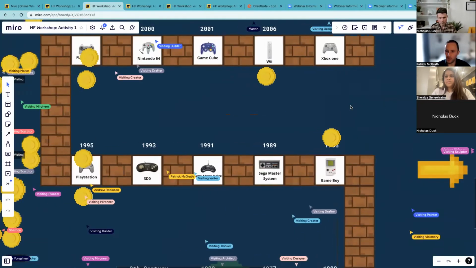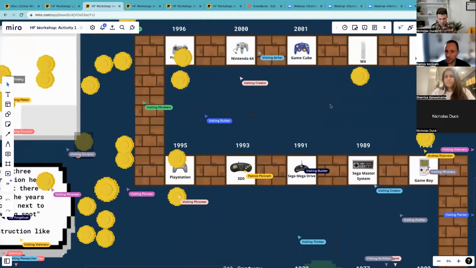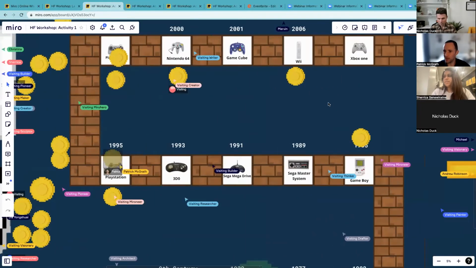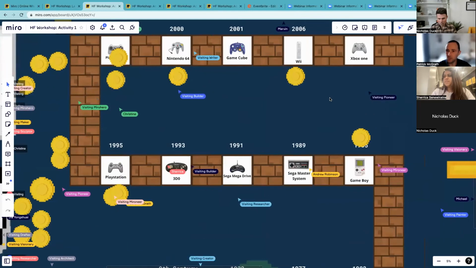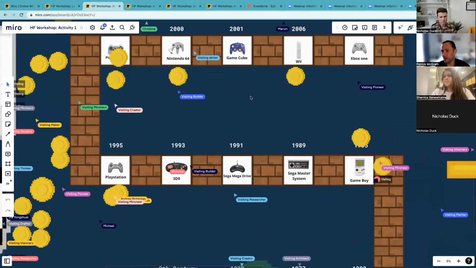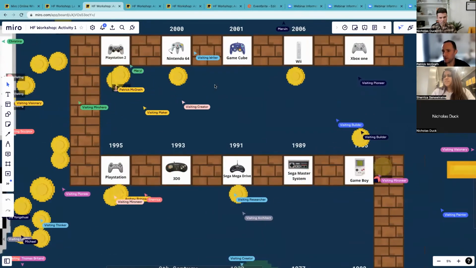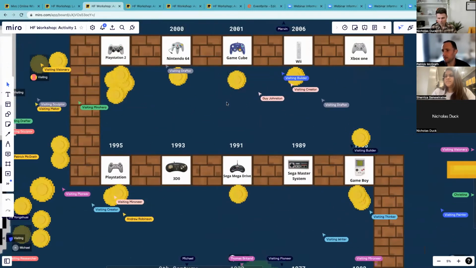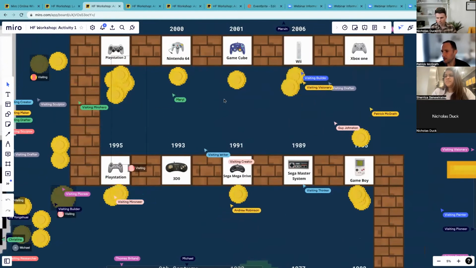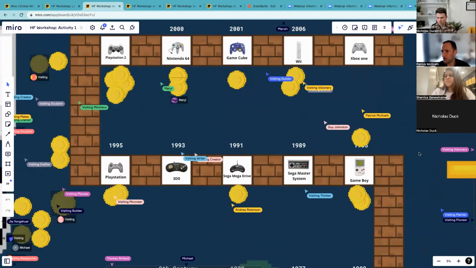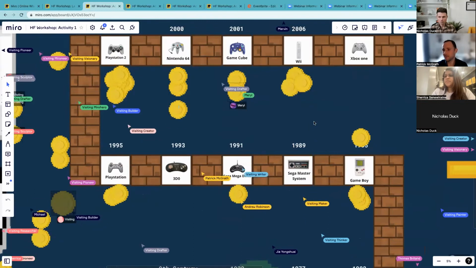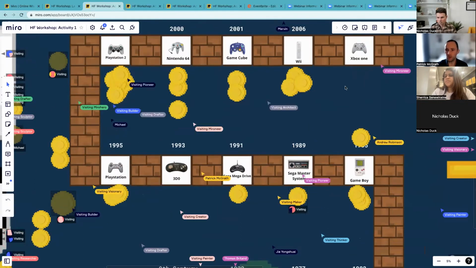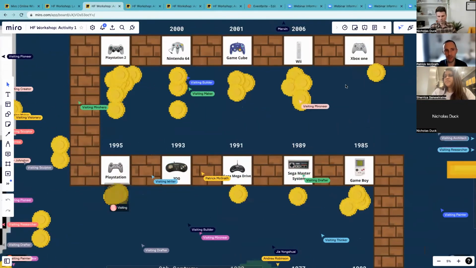When you're placing your coins, I would appreciate it if you did not place them over the top of the image, but just below. We don't mind if there's a bit of a pile below as well. You don't need to order them at all. So let's see. Okay, we've got a few going for PlayStation, for example. Excellent. I'll give you a minute or so to do this.